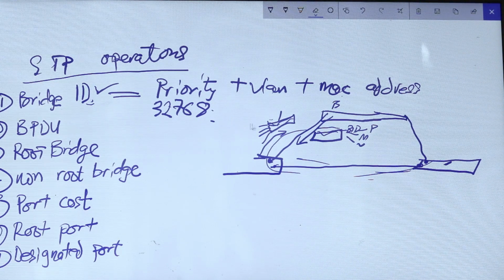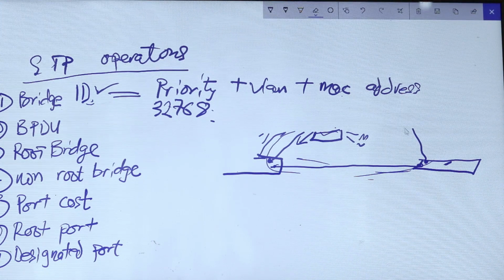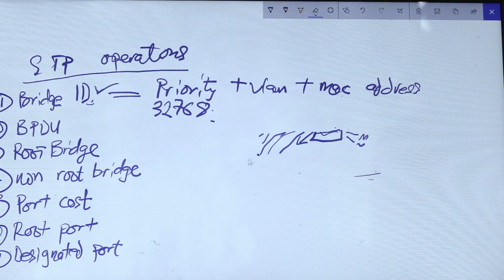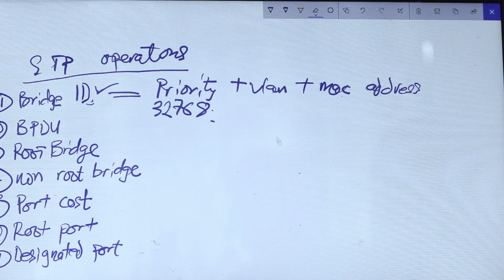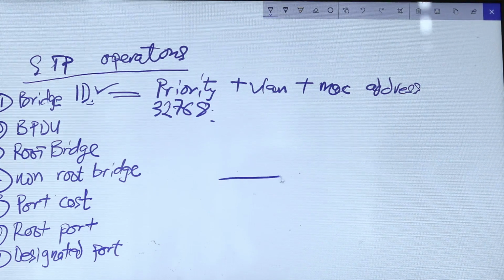When switches come on board, elections go on. Elections are conducted. Two types of elections. Let's still stick to our 3 switches technology.